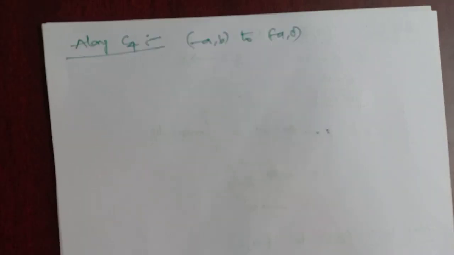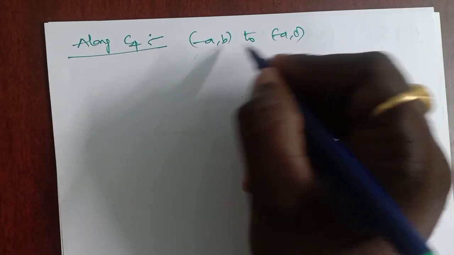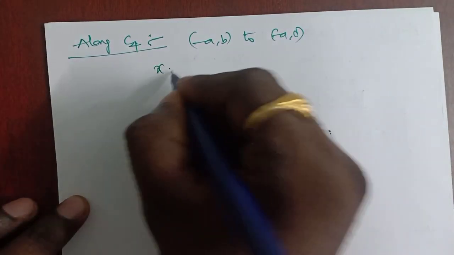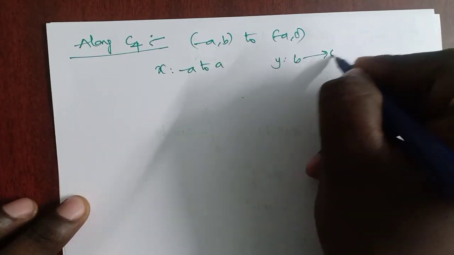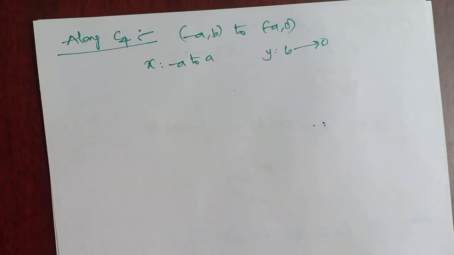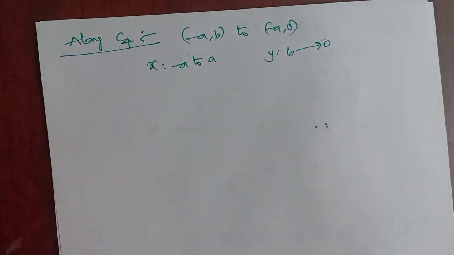So clearly minus AB to minus A0. So that's minus A to A. X ranges from minus A to A. So Y ranges from B to 0. So there is a change in Y, but there is no change in X.